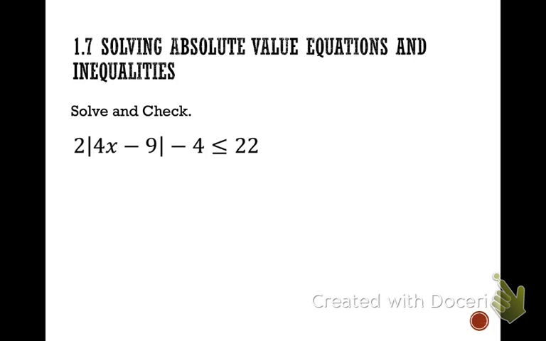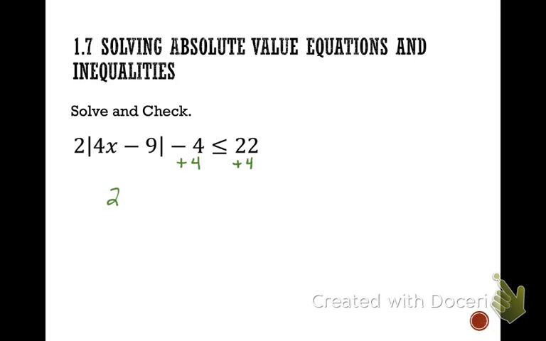So what am I going to do to get the absolute value of 4x minus 9 by itself? What do I have to solve? You treat it just like a grouping symbol. So what do I have to get rid of first before I do anything? Get rid of the 2 and the 4. Which one do I need to get rid of first? Get rid of the 4. So I'm going to add 4 to both sides.